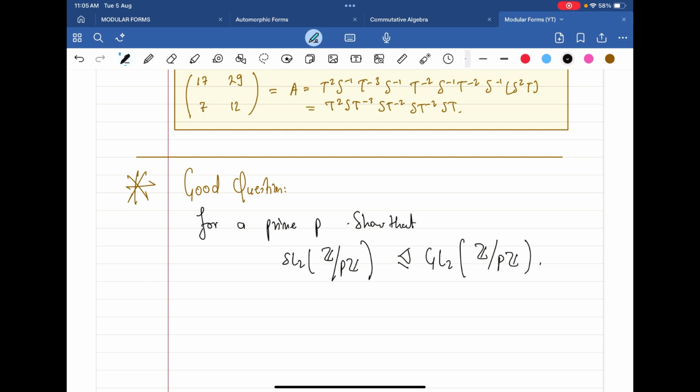And the index of this normal subgroup is P minus 1, and it states further that you need to find the order of the group SL2 Z mod NZ.